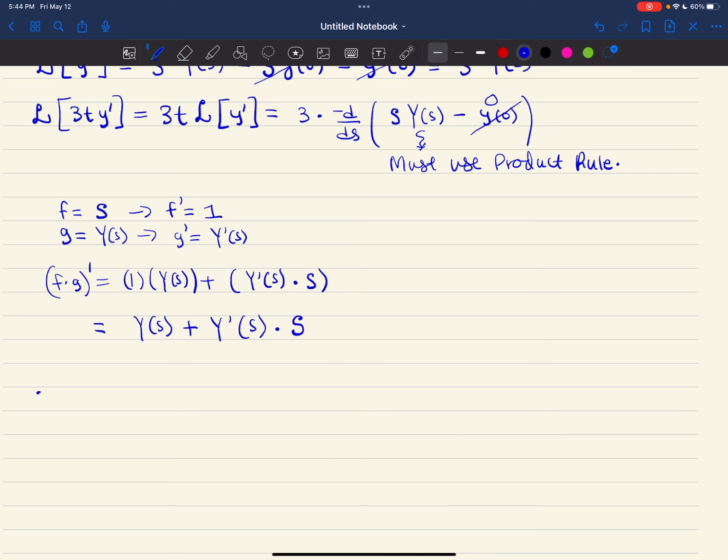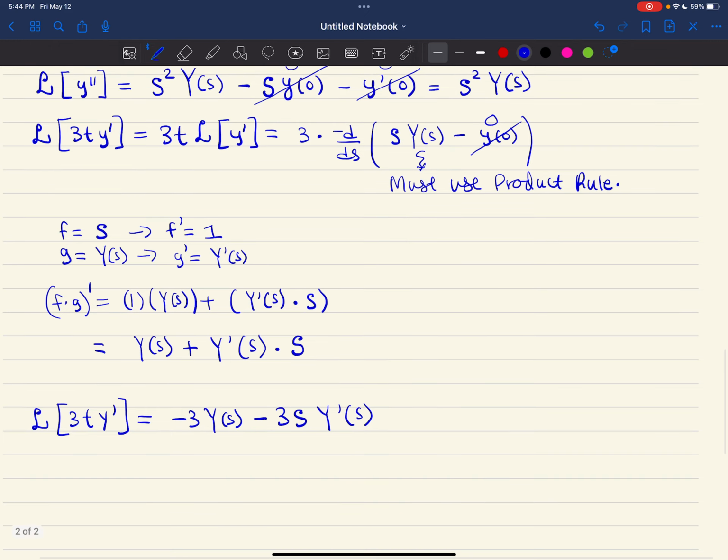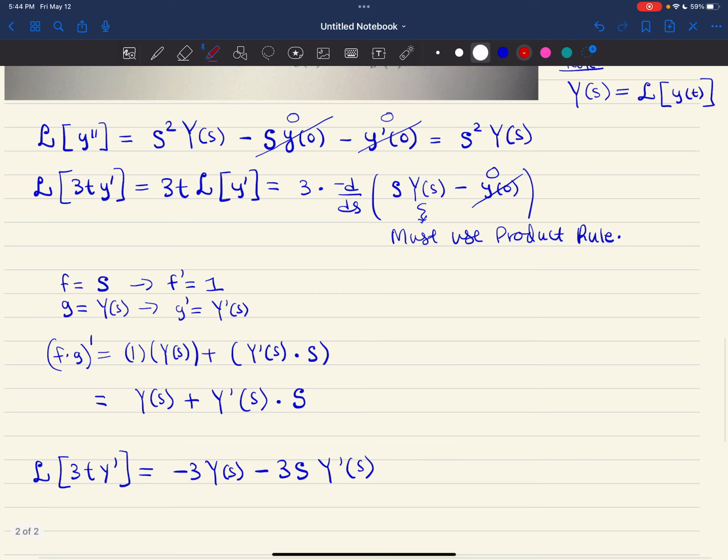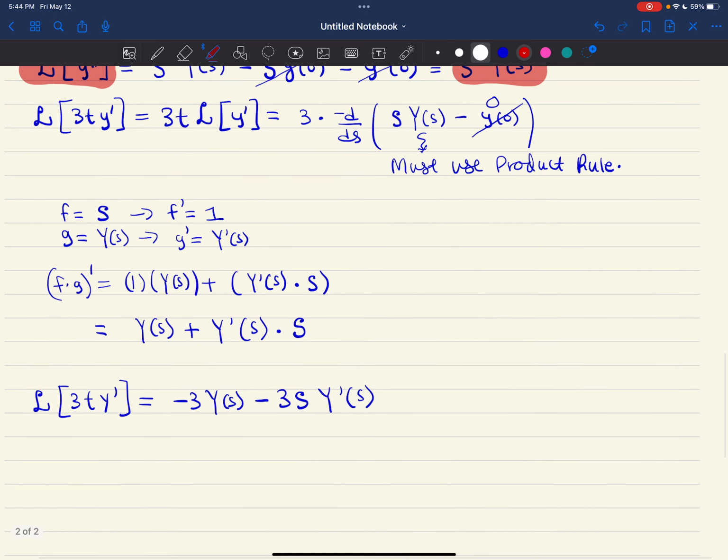So we have that Laplace of 3ty prime is just negative 3 big Y of s minus 3s big Y prime of s. Okay, so that's what we have for this. Let's maybe put a little highlighter over there just to make our lives easier.